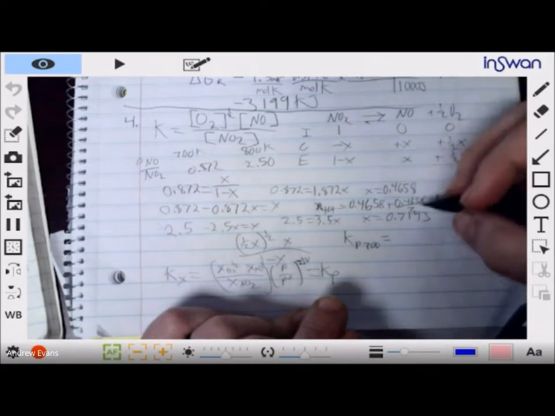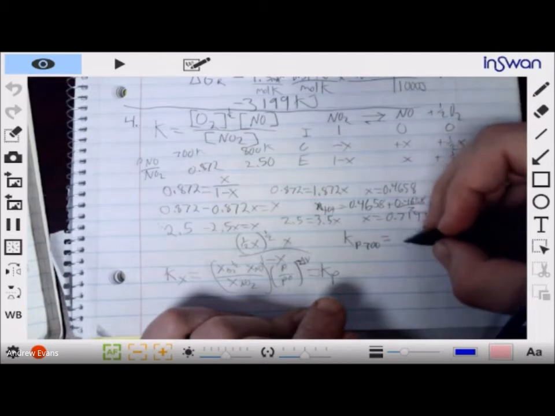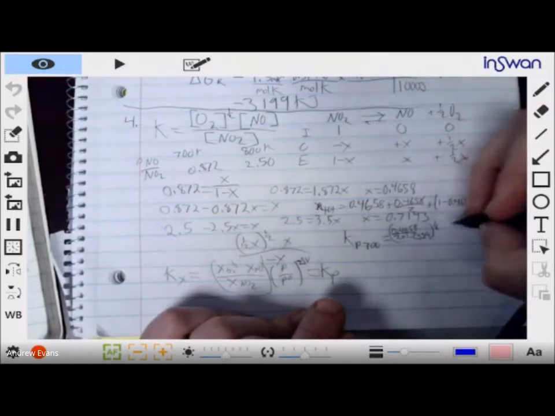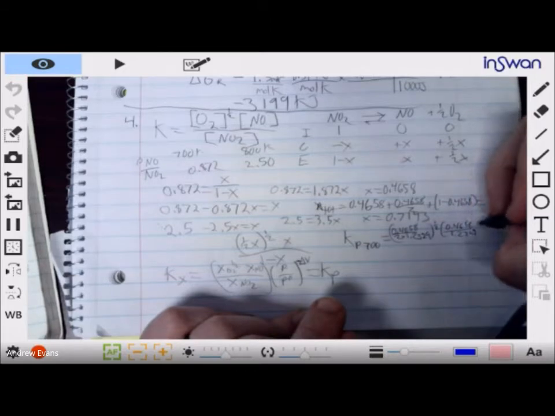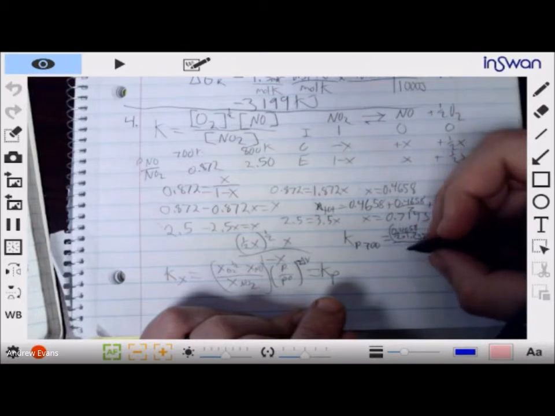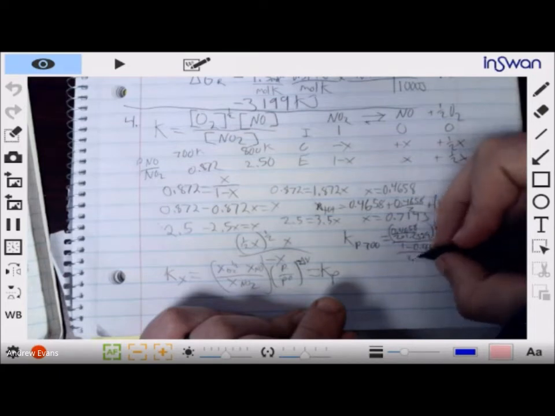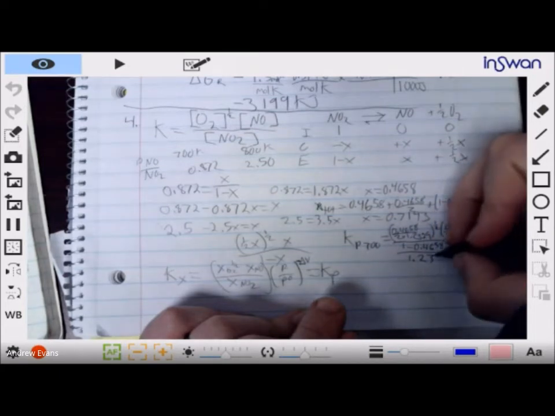1.2329, meaning that our K sub p is going to be 0.4658 divided by 2 times 1.2329 to the half, 0.4658 divided by 1.2329 over 1 minus 0.4658, 1.2329.